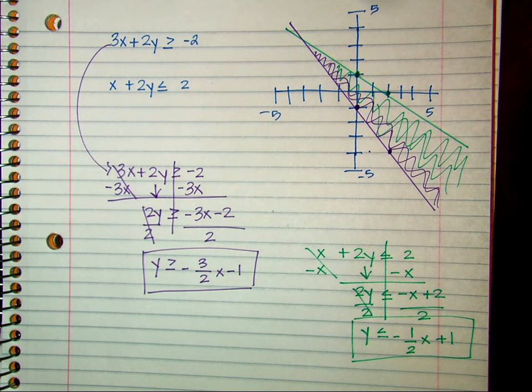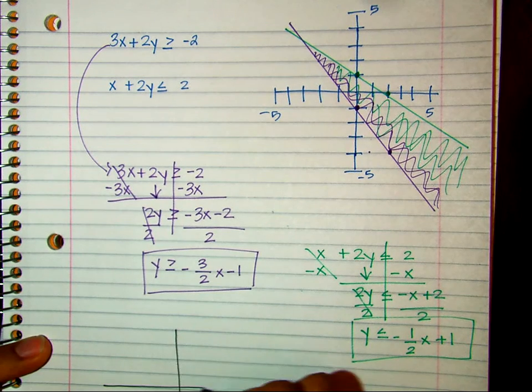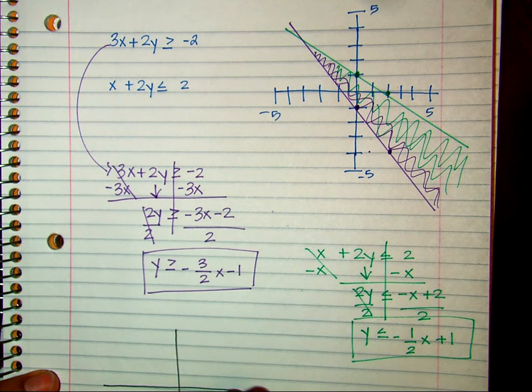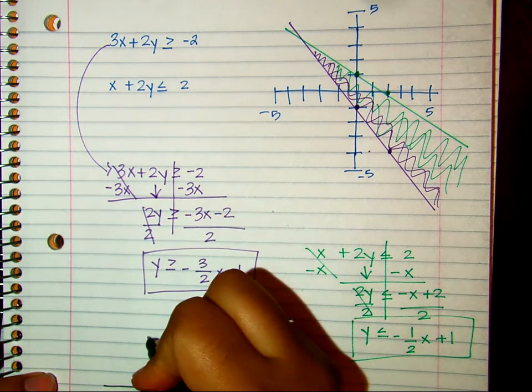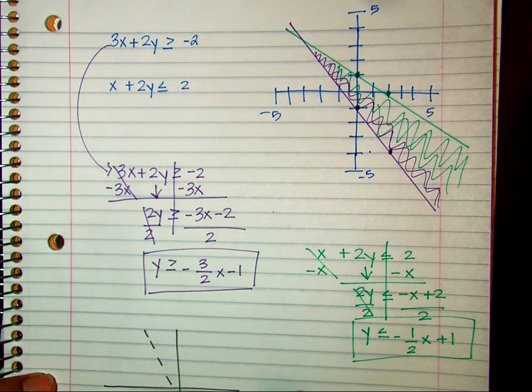So I'm just going to give you a graph to show you what I'm talking about. I'm not going to go through the whole plotting thing, but this is what I mean. So if I had two lines, this is one, this black line that I'm dotting, and then I have another one that is going like this, okay?